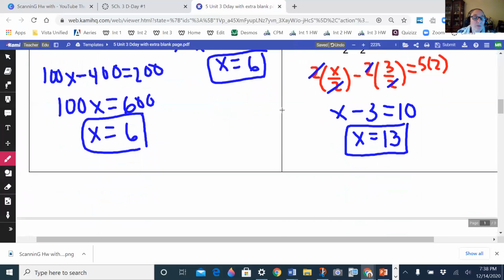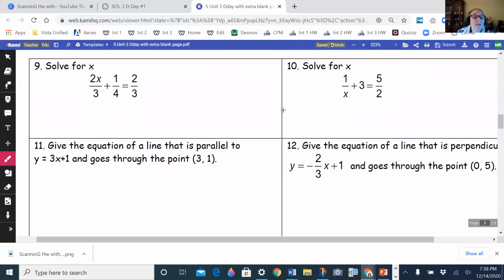On number 9, this is another fraction busting. For this one, for my LCD, I'm going to multiply by 12. So my LCD is going to be 12.